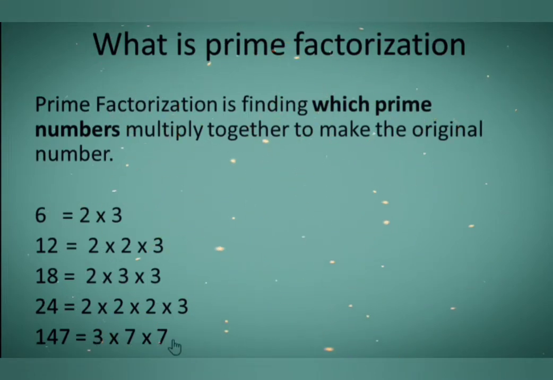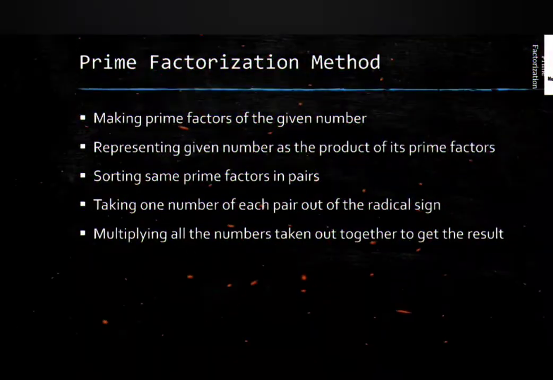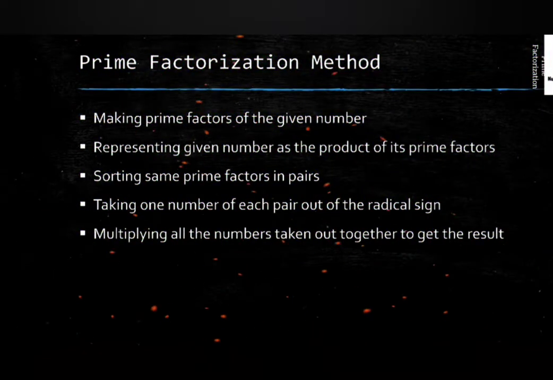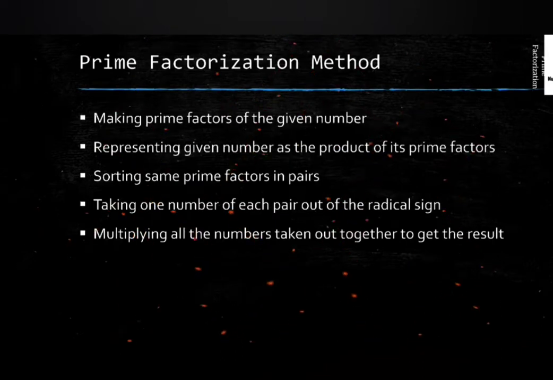Clear? If we multiply these three, we get 12. And for 147, we have 3 multiplied by 7 multiplied by 7. The multiplication of these three numbers makes the original number, and in this way we can find the prime factorization of any number. Here are a few steps for this method which we are supposed to follow.